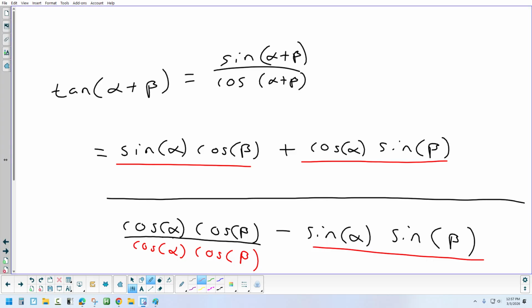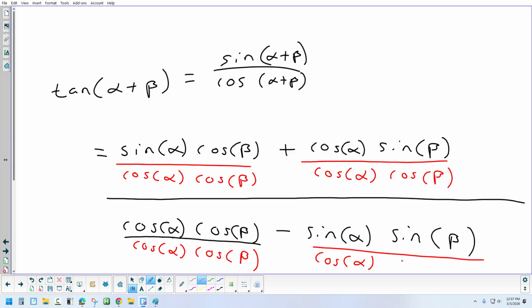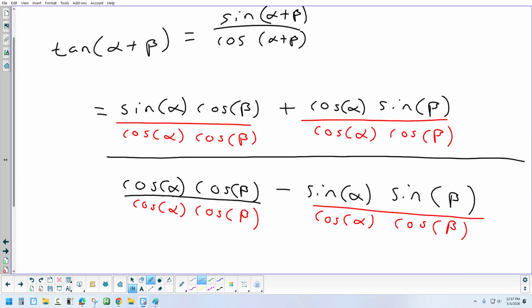That's why I said to leave a little bit of space. So we're dividing all 4 things that we had by the same thing, which is perfectly fine to do. And the hope is we're going to get some things to cancel out and get a simpler formula than we had originally. Let's start in the upper left. Is there anything that cancels out in the upper left?